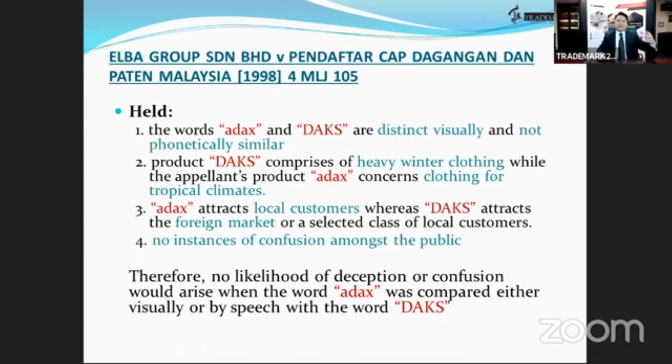DAX is selling heavy winter clothing, and ADAX is selling what? T-shirts. Two different natures of products, although they fall under the same class 25. But in this scenario it was different, because one is selling winter clothing and the other is selling T-shirts for tropical climates.